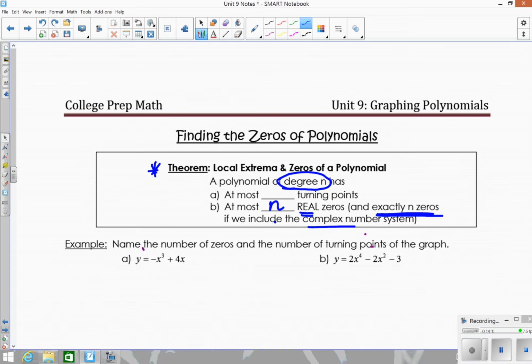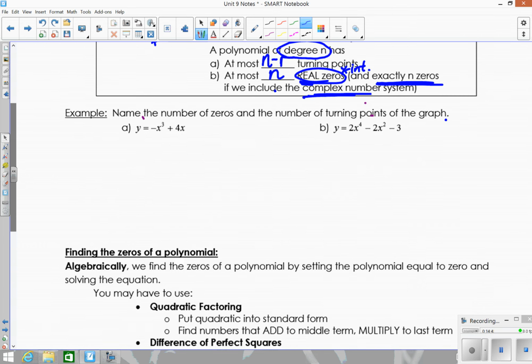So the number of turning points is always 1 less than the degree, so you'd represent that as n minus 1. So remember, real zeros really mean the x-intercepts, so maybe we should add that. And exactly n zeros if we're talking about the complex. So we have exactly n solutions and exactly, or at most, n x-intercepts. So this is just using that theorem.